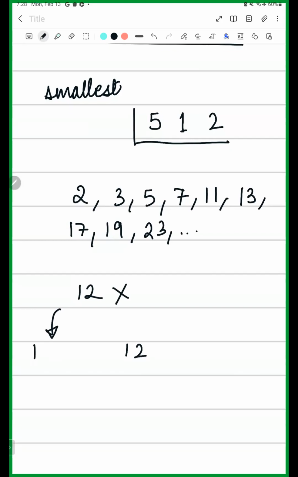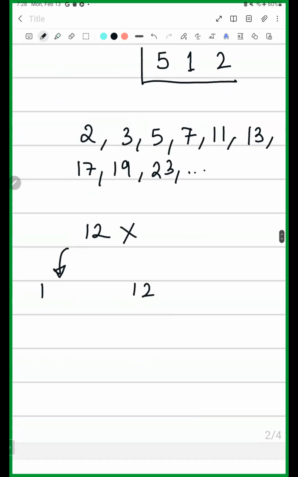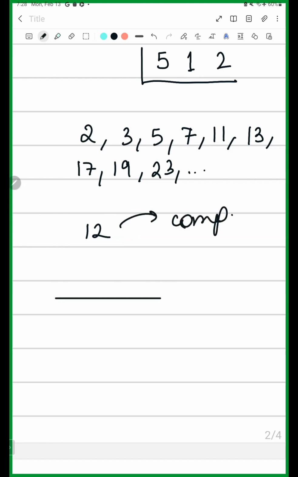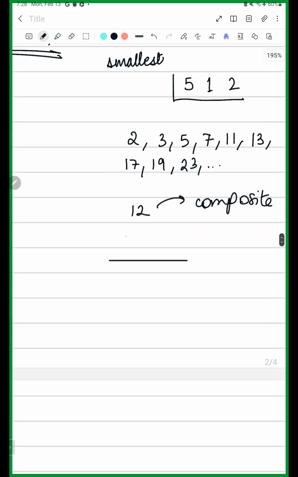You know that every number is a factor of itself, right? And you also know that 1 is a factor of every number. So if there are any factors other than 1 and the number itself, then it is called a composite number. If it doesn't have any factors other than 1 and itself, then it is called a prime number.